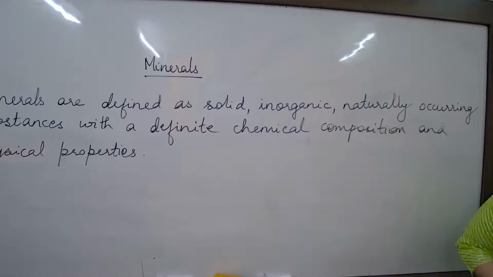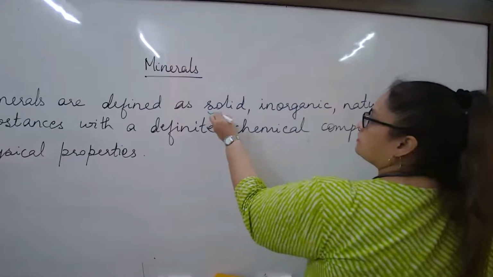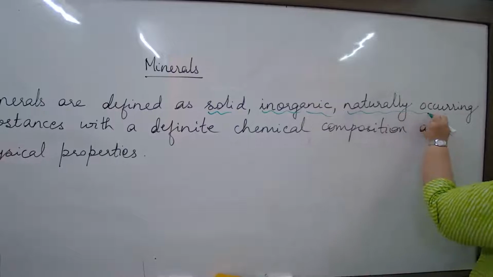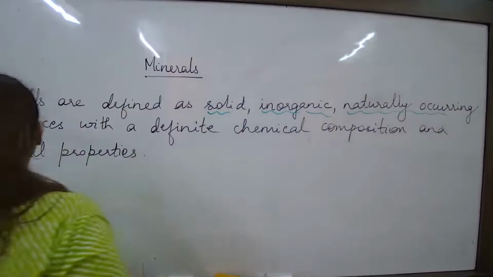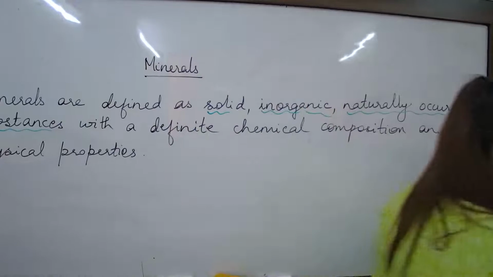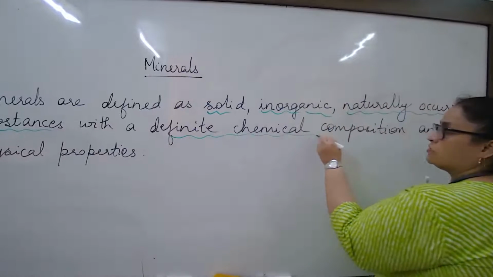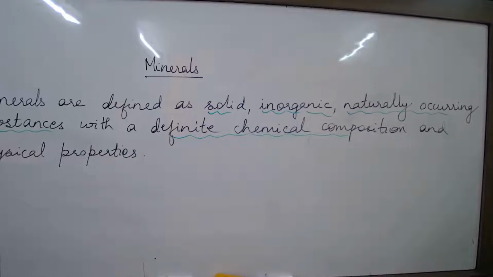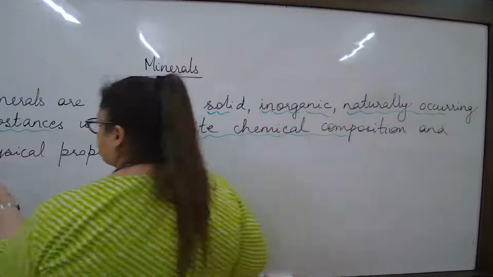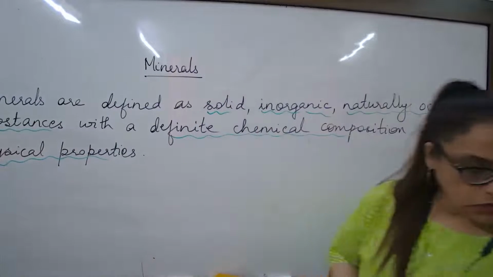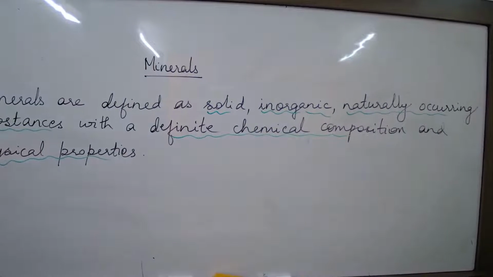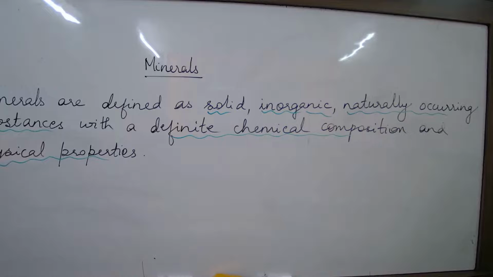Naturally occurring substances, naturally occurring means they are not made, you get it from the earth, naturally occurring, with a definite chemical composition, like iron is Fe or oxygen is O2, like that. Okay, and physical properties. So these are the important points. So what is it? Solid, number 1, inorganic, naturally occurring, definite chemical composition and the physical properties.